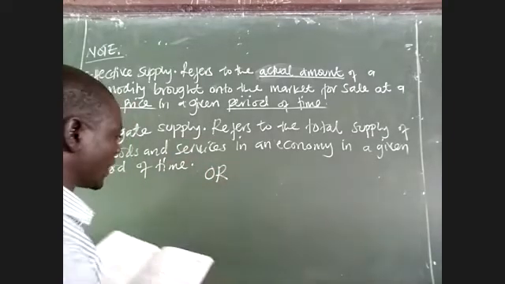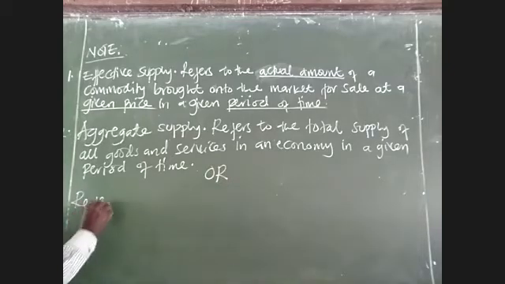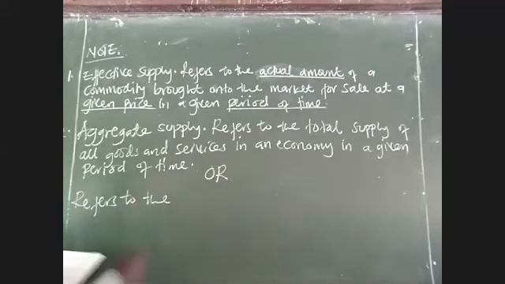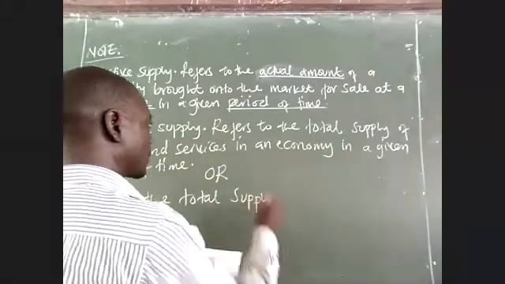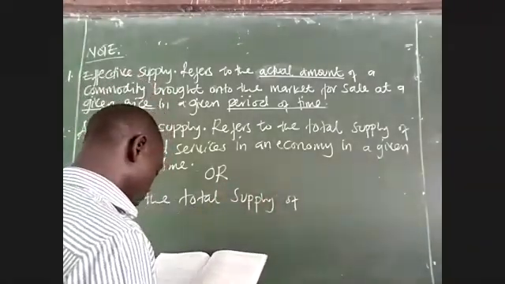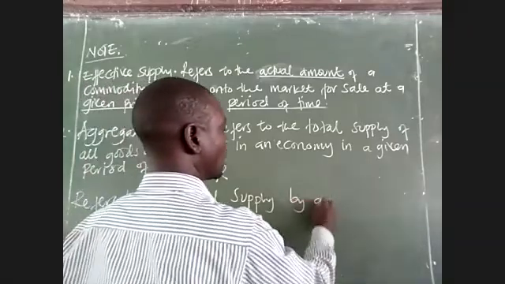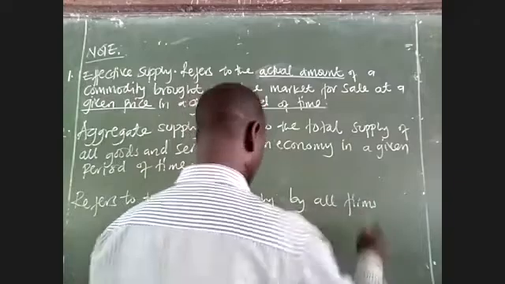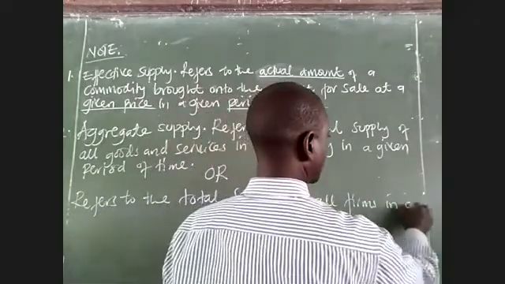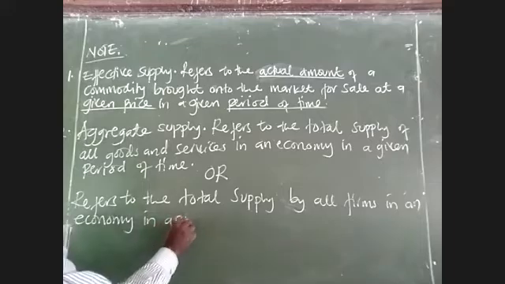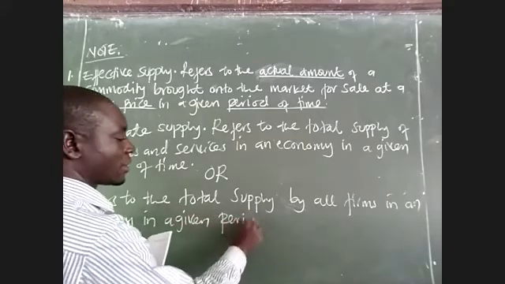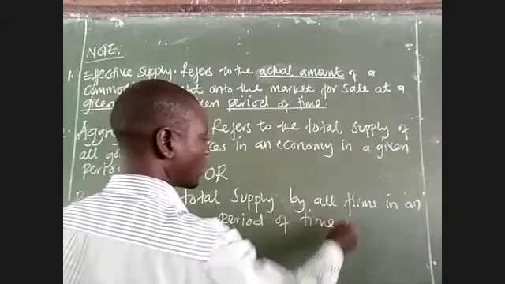Or another alternative definition: it refers to the total supply by all firms in an economy in a given period of time.